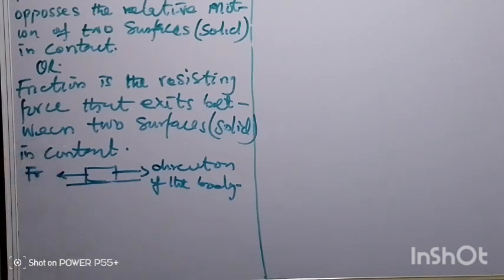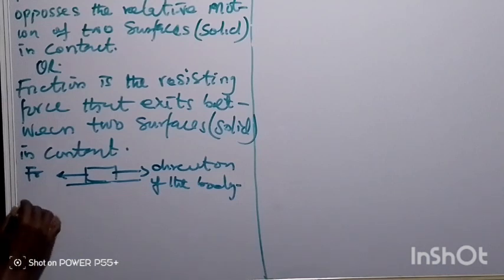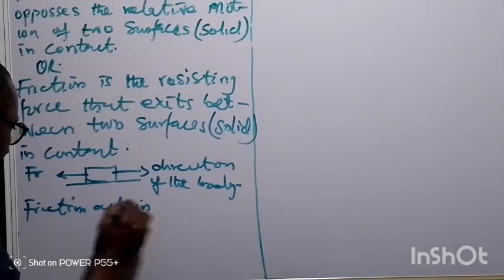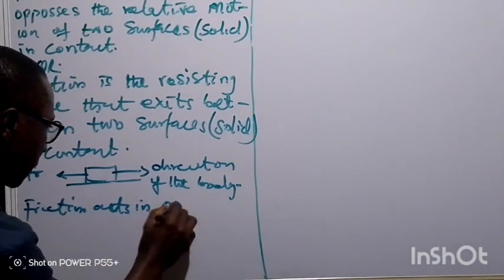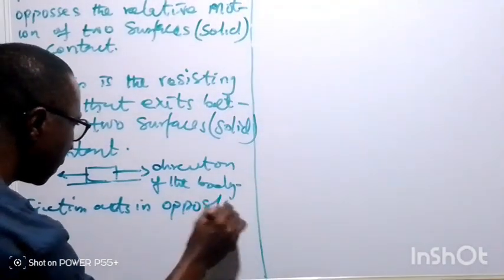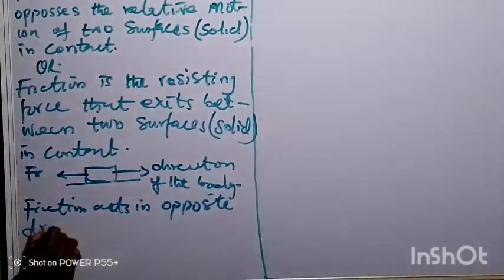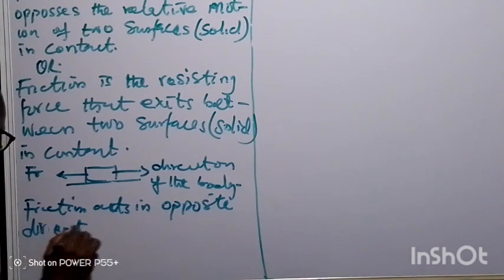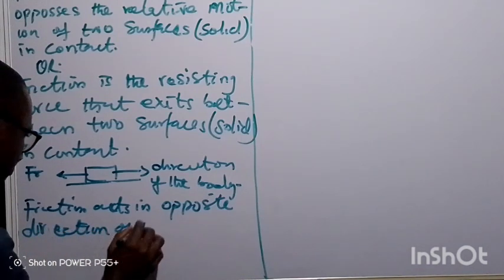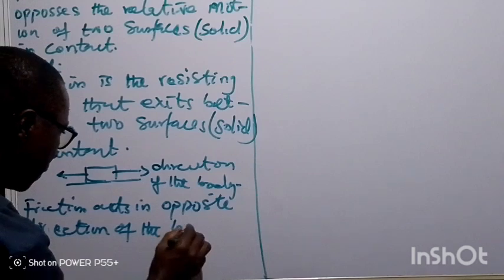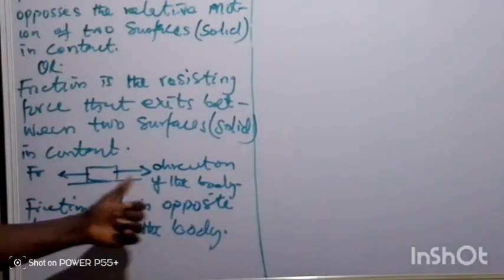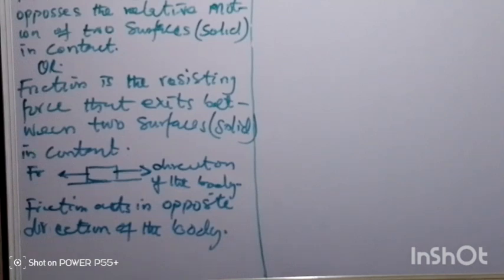That is why we say friction acts in the opposite direction of the body. The body is moving in this direction, then friction will act in the opposite direction.